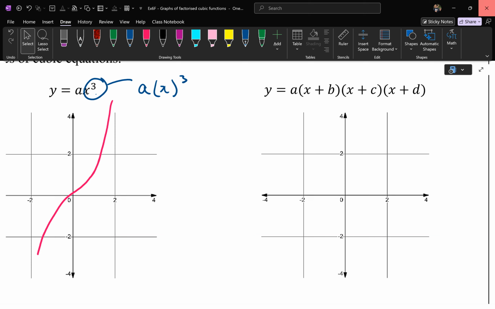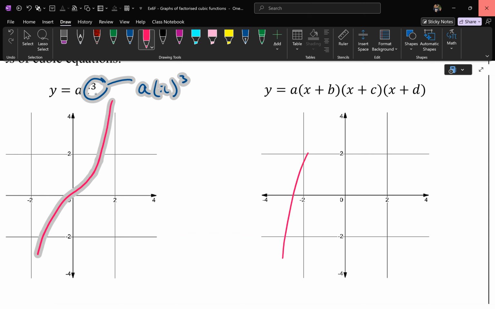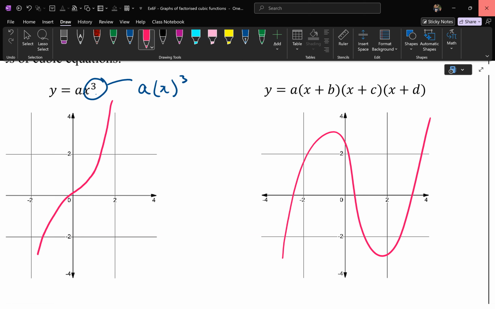One's at B, one's at C, one's at D. So I expect the graph, if it's a positive graph, if A, the number in front of all the cubes, is positive, I expect it to look something like this, where you have it at x equals -B, x equals -C, and x equals -D. Just like how you normally solve them. So then -B, -C, -D should give me the x-intercepts.